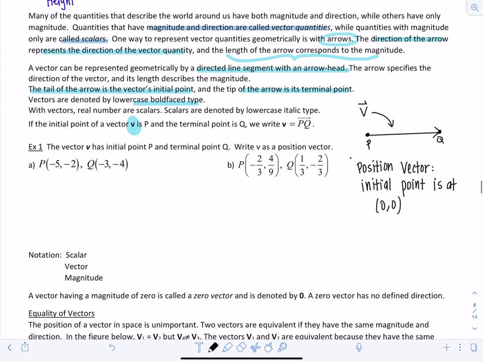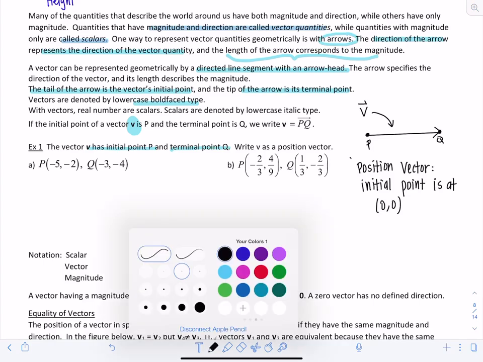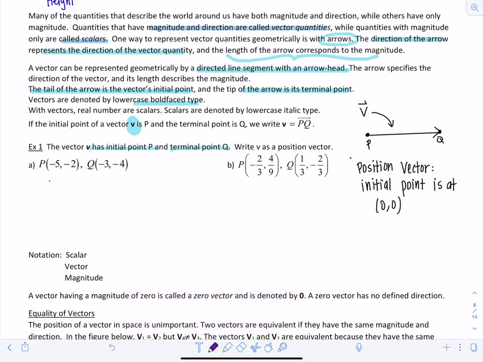And in order to write, in the first example here, a vector as a position vector given the initial point and the terminal point, what you need to do is basically take v and do terminal minus initial. The way you indicate that you have a vector quantity instead of an ordered pair is by using these brackets here.